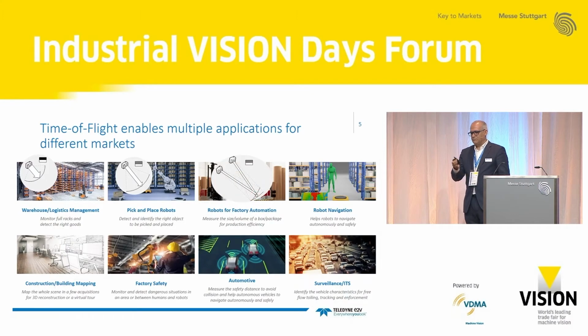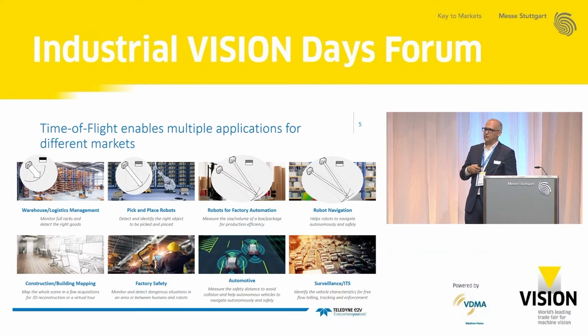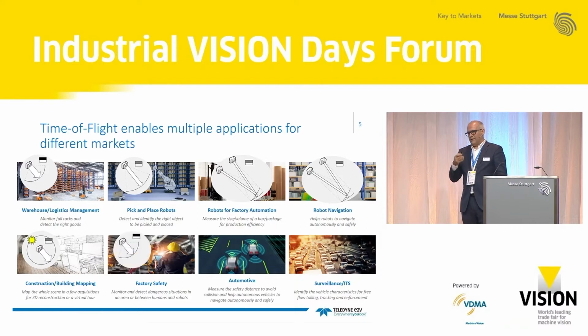Whereas for robots for factory automation and for robot navigation, you need to ensure that you can have multiple time-of-flight systems working together without interfering with each other. And we can continue like that: 360 degrees with sunlight robustness for construction and building mapping, etc. And it's even difficult within the same market to find the same applications.